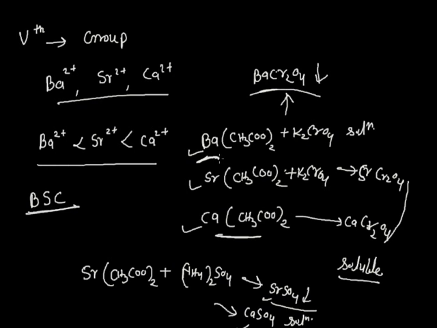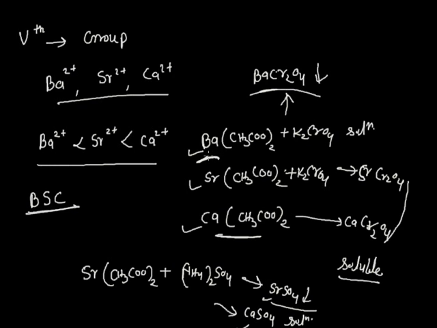If we use potassium chromate solution, barium forms a yellow precipitate, and if we use ammonium sulfate or ammonium oxalate, barium forms a white precipitate. So barium always forms a precipitate on adding any solution, since the Ksp value of barium is very small.